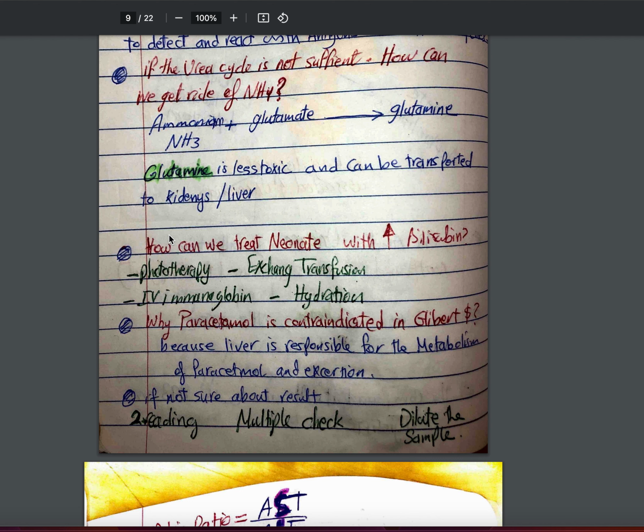If I'm not sure about the results, we make two readings, mix well, and sometimes we dilute the sample.